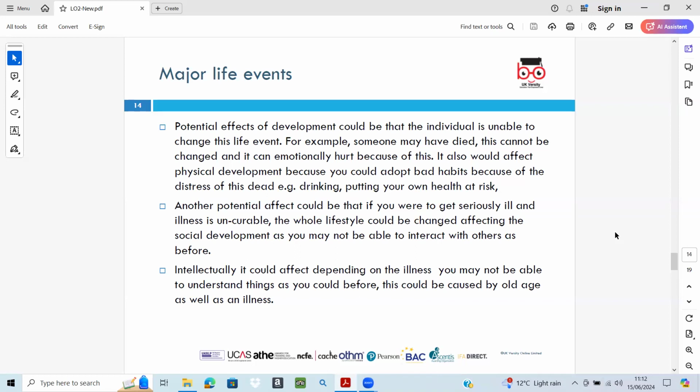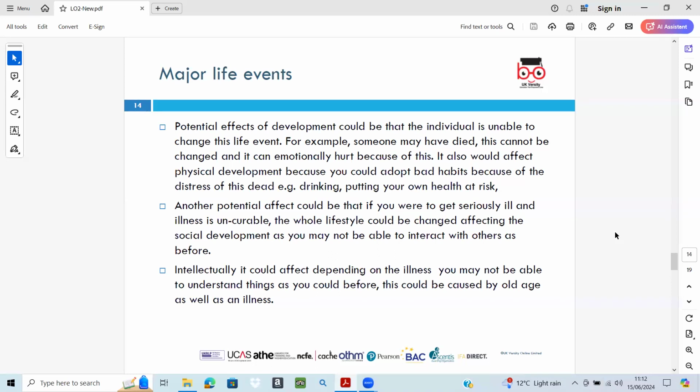Then we have, due to aging, cognitive decline. Aging can bring changes in cognitive function, affecting intellectual ability, decision making, and memory.